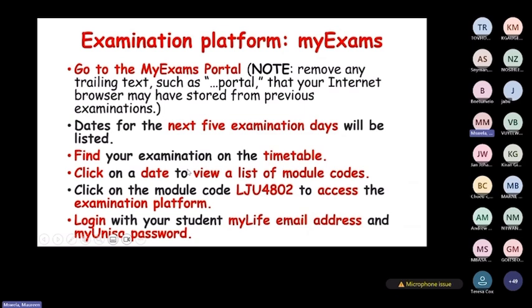You have to find your examination on the timetable. Click on a date to view a list of module codes that are available. Then you have to click on the module code LJU4802 in order to access the examination platform. You then have to log in with your student, that's the MyLife email address, and your MyUNISA password.